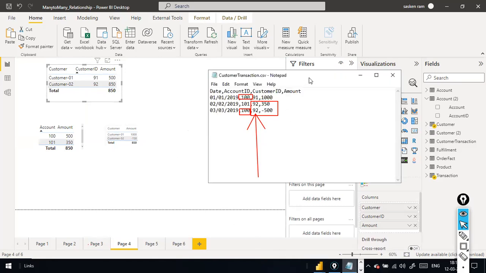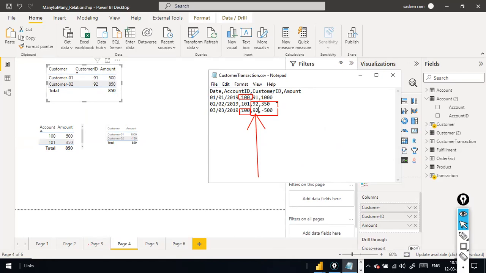Now let us look at the data set here. So in this case, what happens? Customer 91 is having 1,000, but here we did the filtering based on the account ID. Hence 1,000 minus 500 is 500, and customer 92 is giving 350.